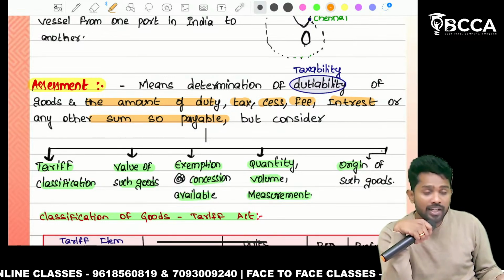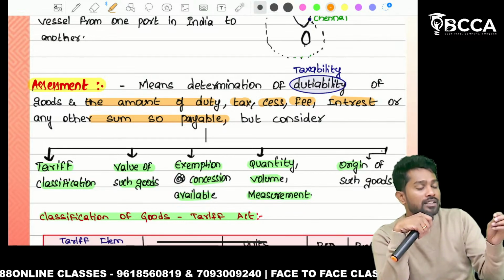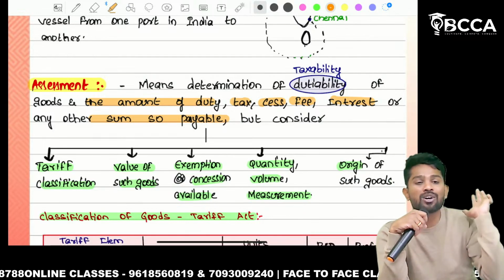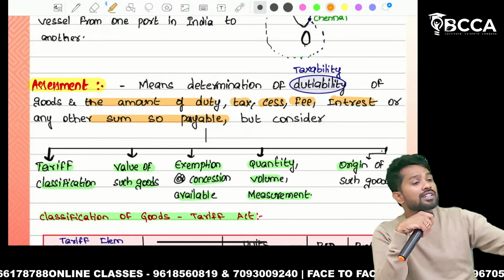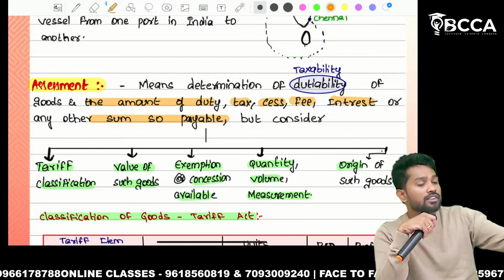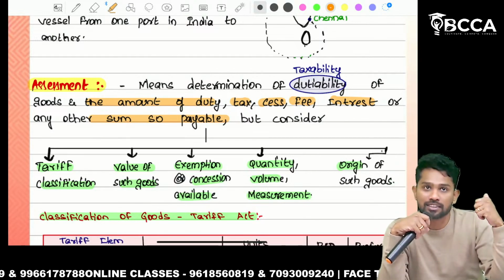What is called assessment? Assessment has two parts. First, find out whether they are taxable or not. If they are taxable, find out the tax, duty, cess, fee, interest or any other sum so payable. That is called assessment.